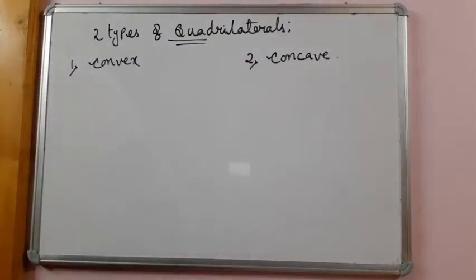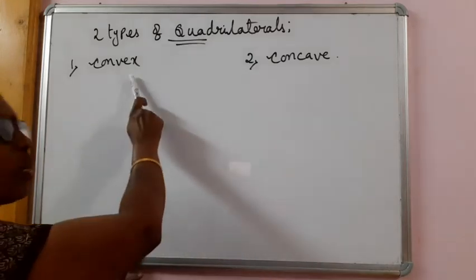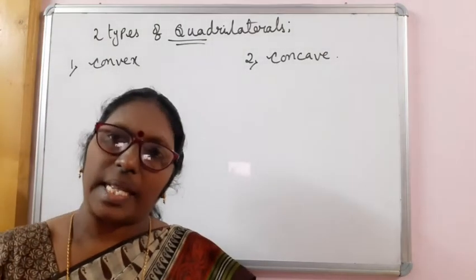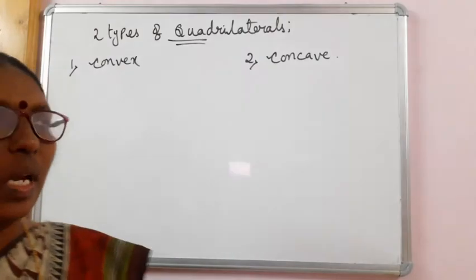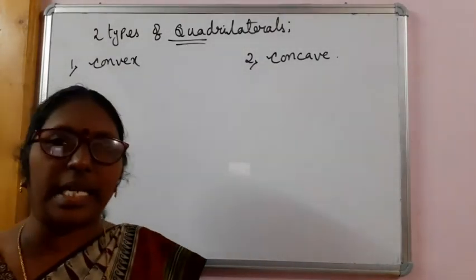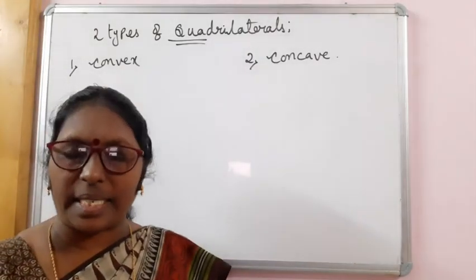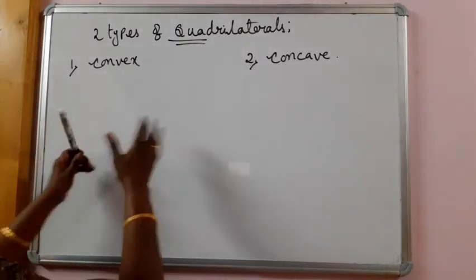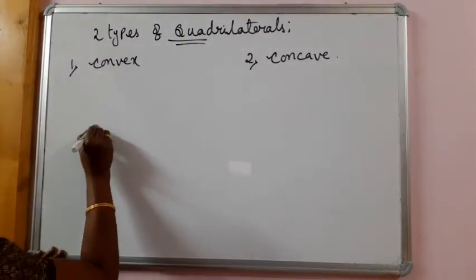What is a convex quadrilateral and what is a concave quadrilateral? Let me explain. In a convex quadrilateral, all the interior angles are less than 180 degrees. But in a concave quadrilateral, let me show you the figure first.